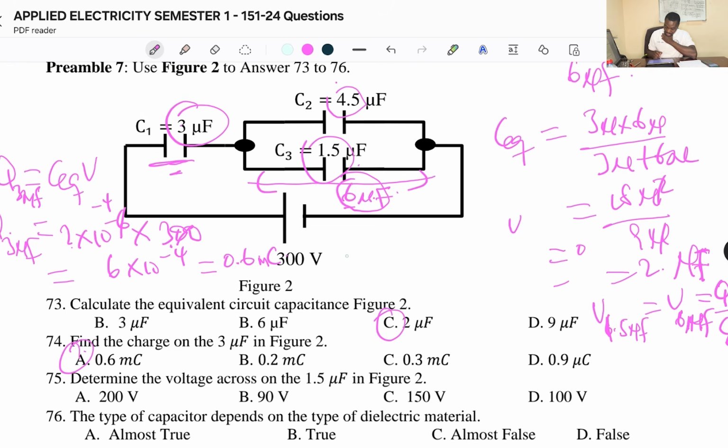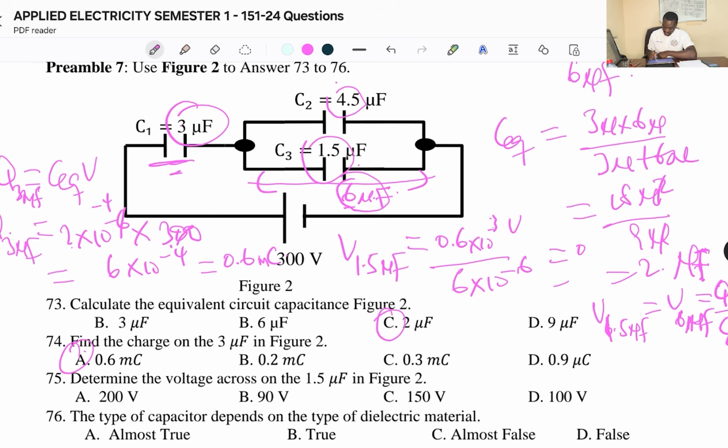So now I can write the voltage across the 1.5 microfarad to be equal to the charge. We know the charge, which we calculated to be 0.6 millicoulomb. So 0.6 times 10 to the power minus 3 over the capacitance, which is 6 micro, right? 6 times 10 to the power minus 6.